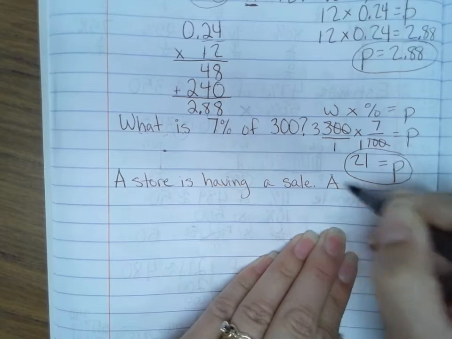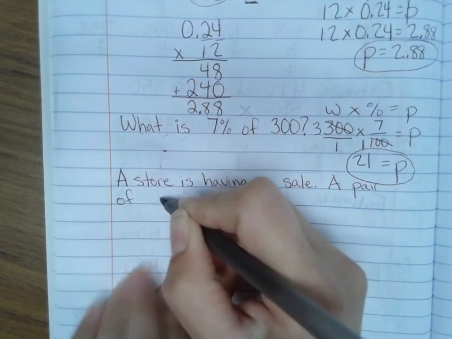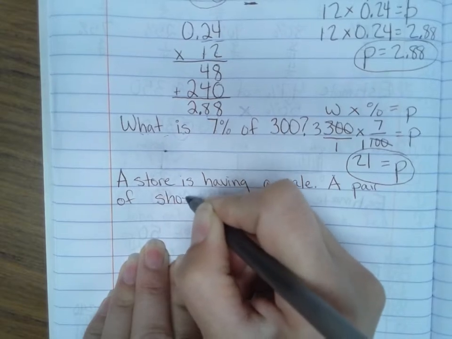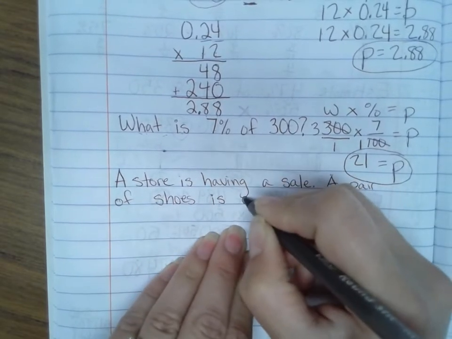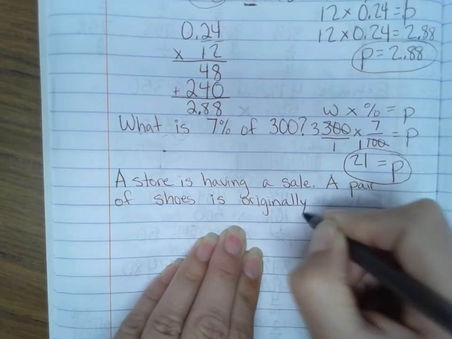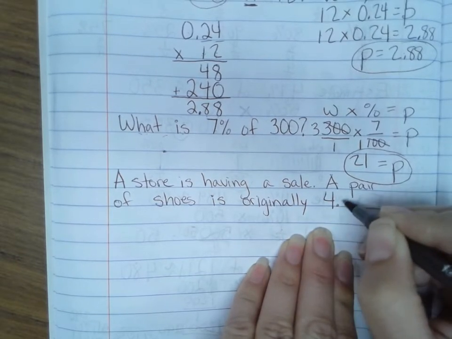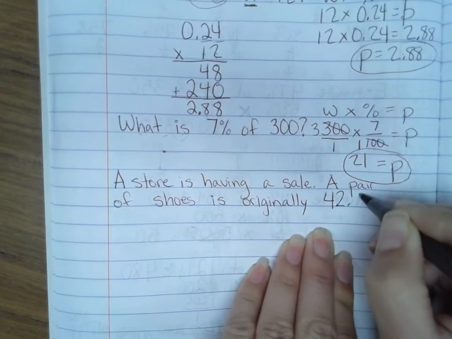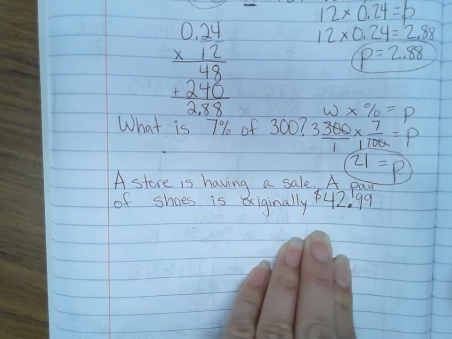A pair of shoes is originally $42.99. So $42.99.